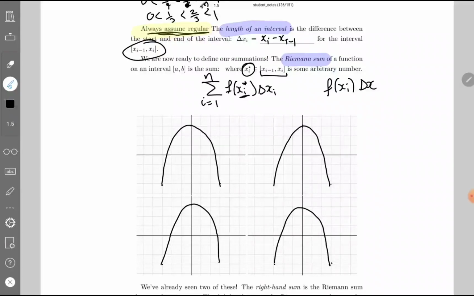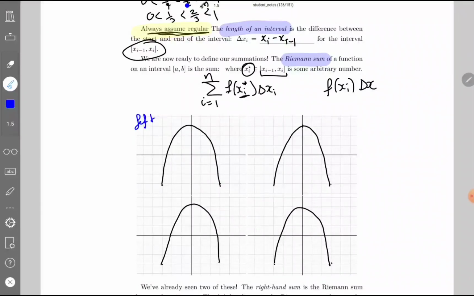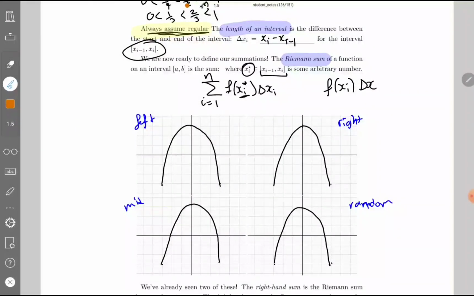Here we'll do the left, here the right-hand, this one the middle, and this one random. We'll break it up into each one. For the left, we'll start here and draw this rectangle.